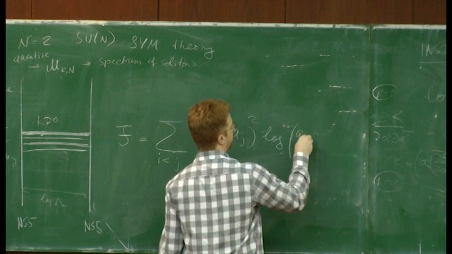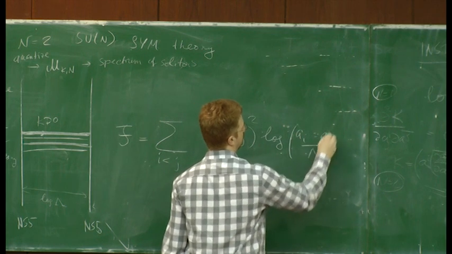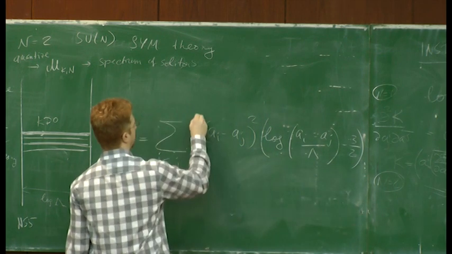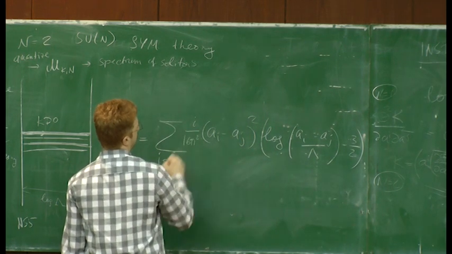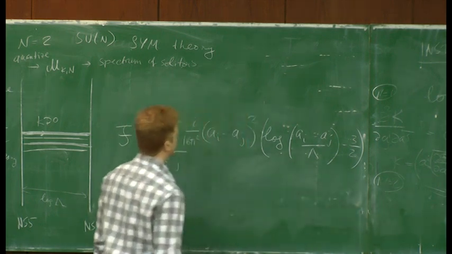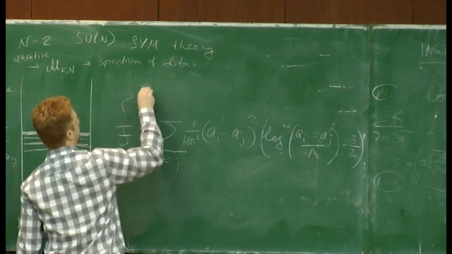So there is this remarkable function. This is the one loop contribution to the prepotential. This is called the prepotential.